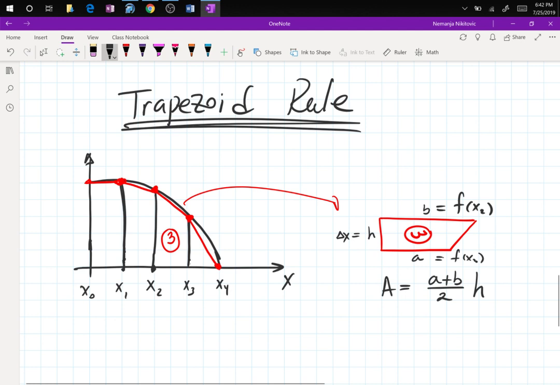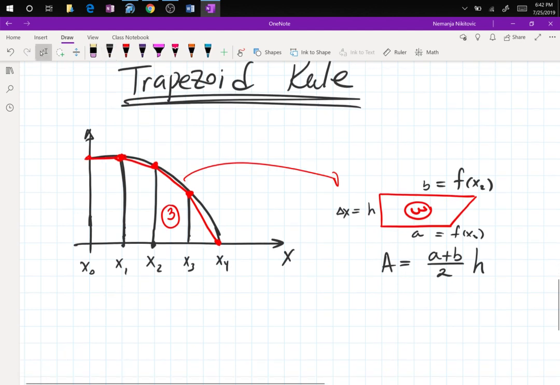So now you see that the area for the third rectangle over here is going to be A, which is f of x3, plus B, which is f of x2, divided by 2 times delta x. Right?